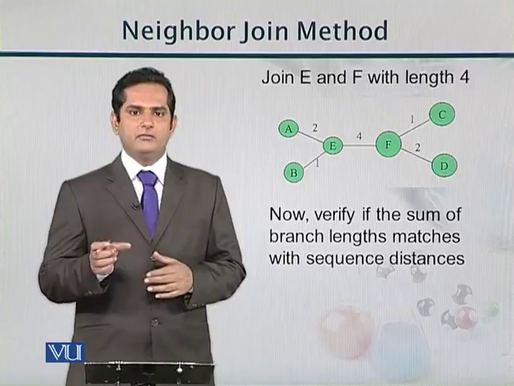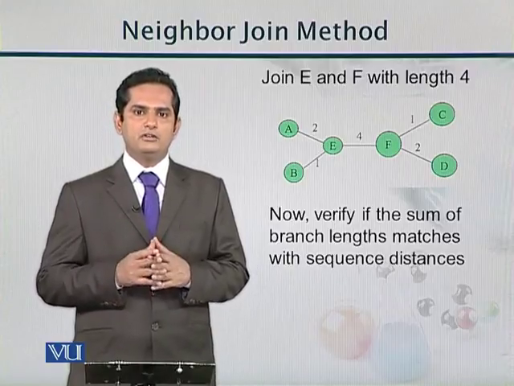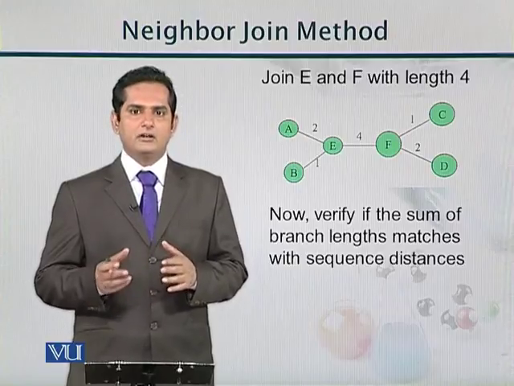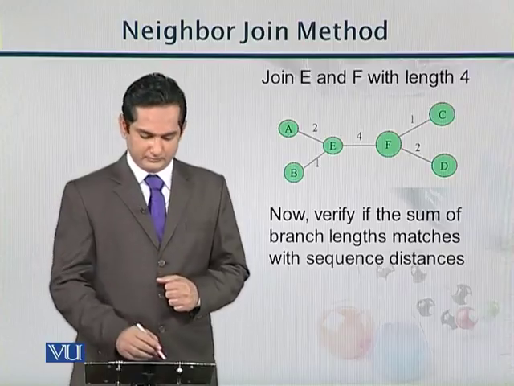So 4 will be the total weight between E and F. We have added two more nodes, E and F, and they combine the remaining nodes which were present in the previous trees.